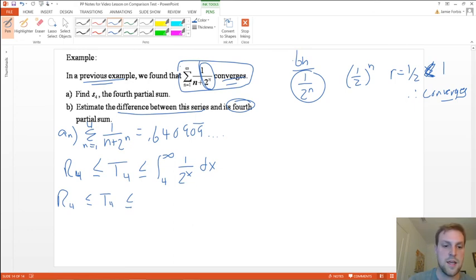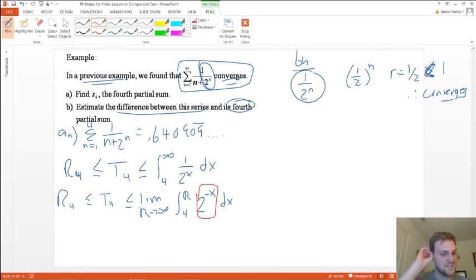All right, I'm going to say the limit as r is approaching infinity of the integral from 4 to r of 2 to the negative x dx. Now, if you can remember, integrating a to the x, because it's negative, it's just going to make the integral negative, but integrating a to the x is actually equal to, so let's write it out.